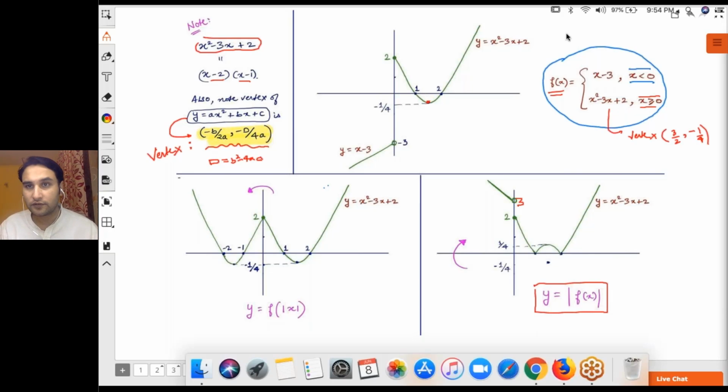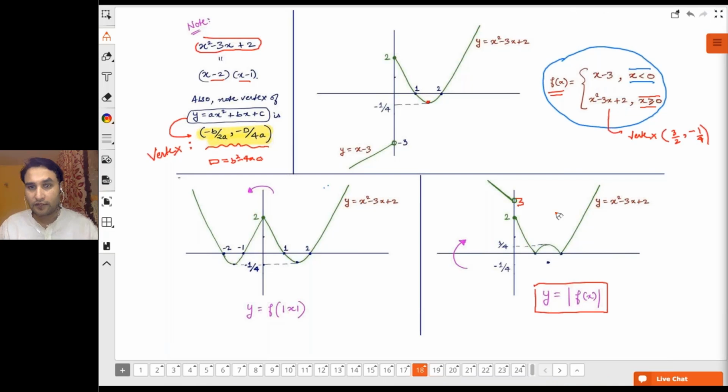Got it? Clear? Now, let's plot f of mod x. What happens? I told you, erase the graph which is on the negative side of the x-axis. What is the original graph? f of x. This is the original graph.